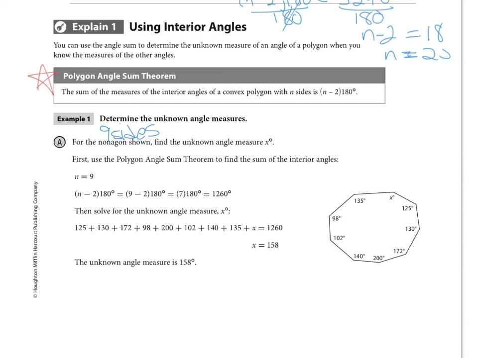So if I look at my diagram, I've got x plus 125 plus 130 plus 172 plus 200 plus 140 plus 102 plus 98 and plus 135 that all have to equal up to 1260. And then I'm just going to use my calculator, you guys, and subtract all these 8 known angles, and we're going to get that the unknown angle measure is 158. Hopefully pretty straightforward. Let's go to the next example.